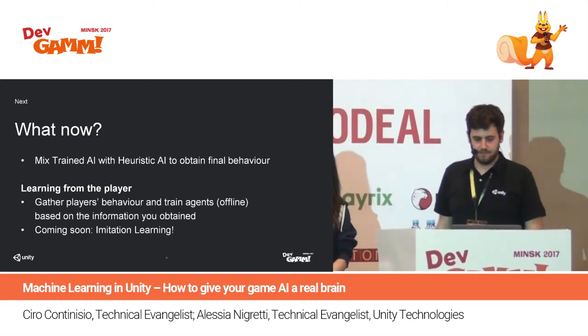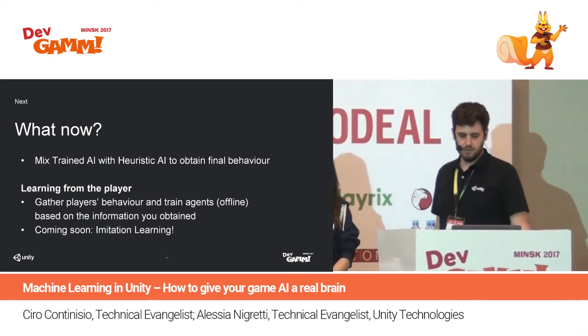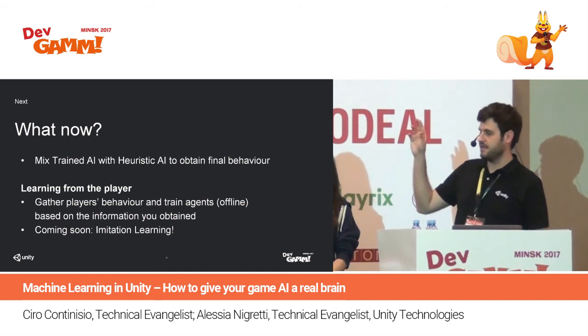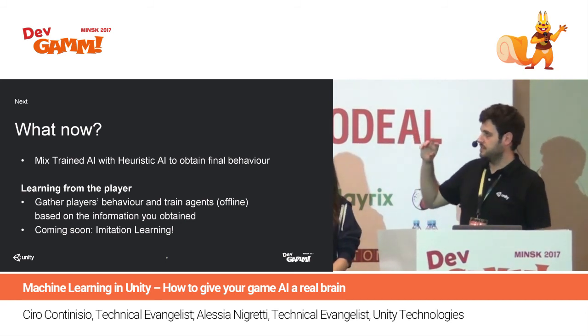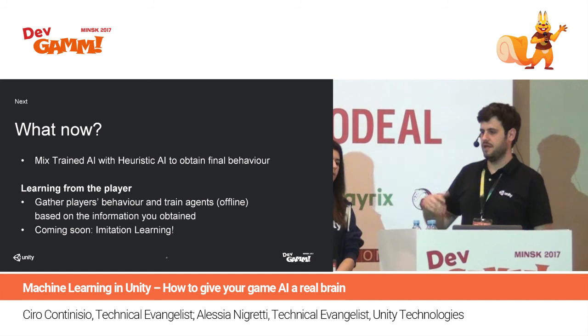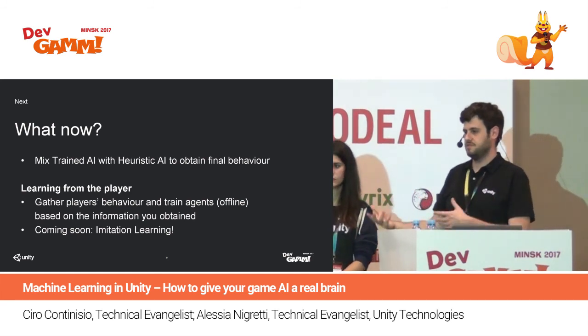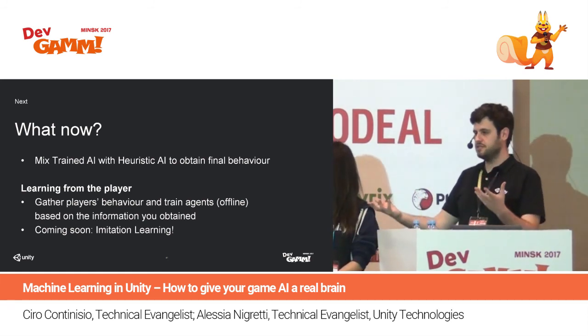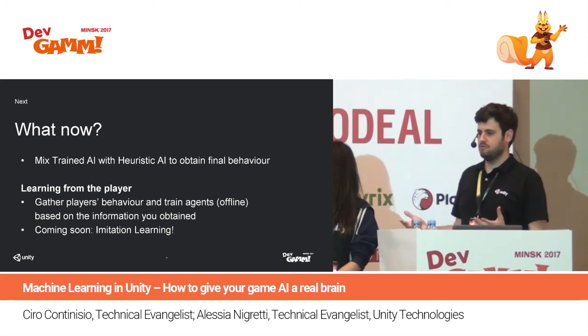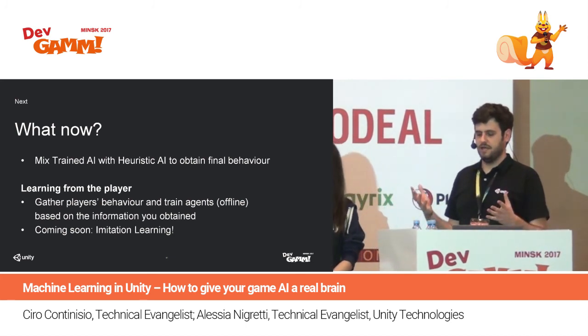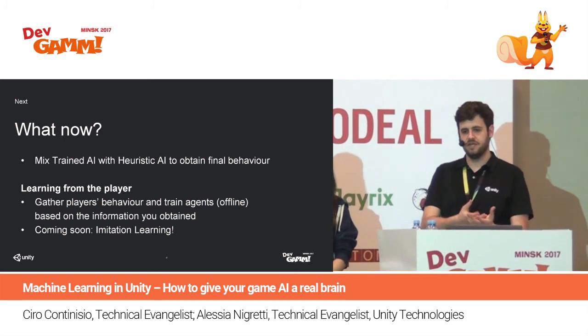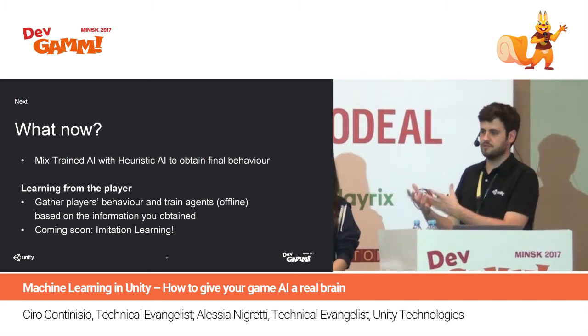And so my idea is that maybe you want to mix some trained AI done with machine learning with some heuristic AI. So an AI that you make, you mix it with some machine learning part. There's an agent, like an enemy, that can do complicated stuff, and part of it is powered by machine learning and part of it is powered by you, hard-coded.